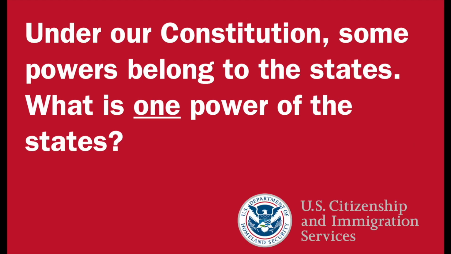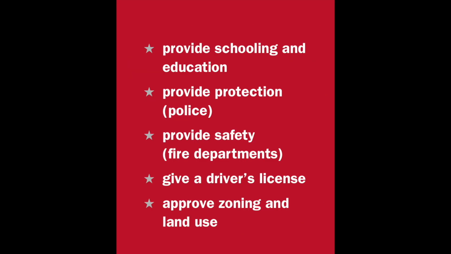Under our Constitution, some powers belong to the states. What is one power of the states? Provide schooling and education, provide protection, provide safety, give a driver's license, approve zoning and land use.